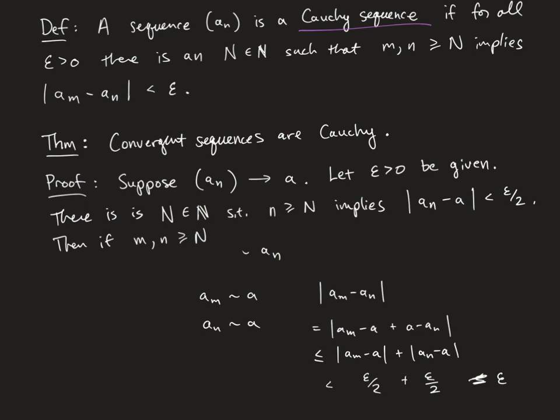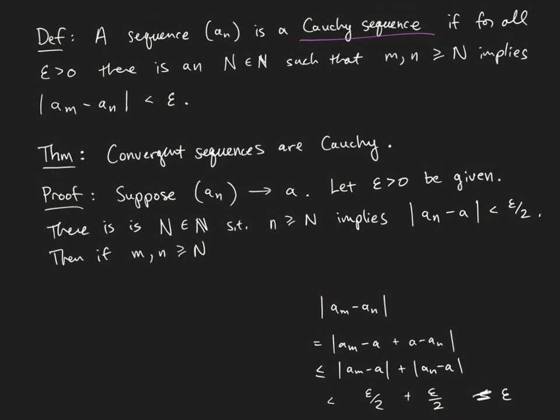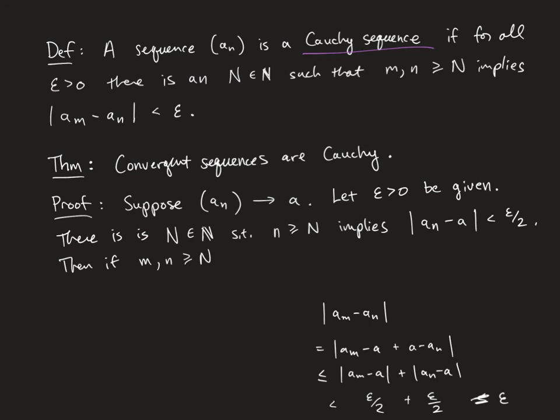So let me give myself some room here. If those things are past the point N in the sequence, this is just going to be my big N in the definition, and then I just have to run through this. If that's the case, we have the following computation. The distance between a_m and a_n is equal to the absolute value of a_m minus A plus A minus a_n.